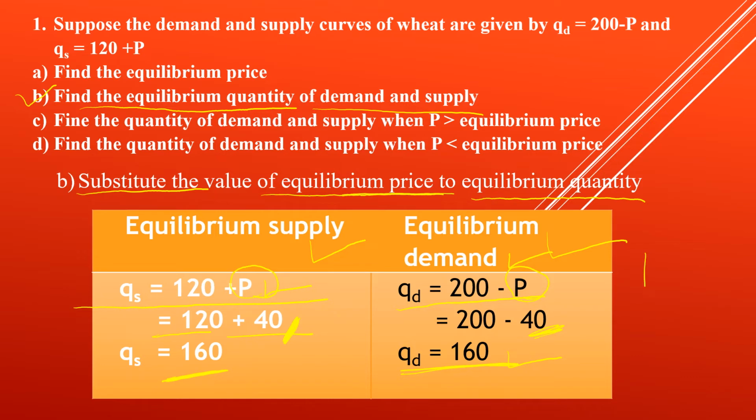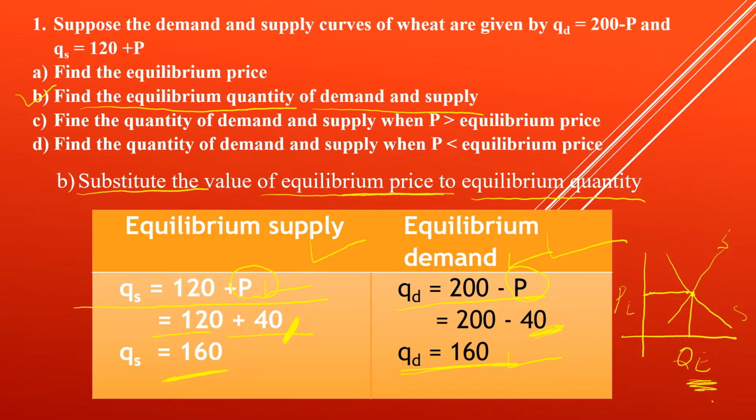So by definition we know what equilibrium quantity means. At equilibrium price, the quantity demanded and supplied, or the quantity bought and sold, we call equilibrium quantity.